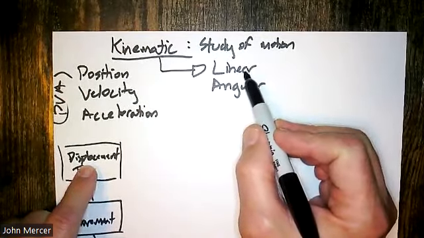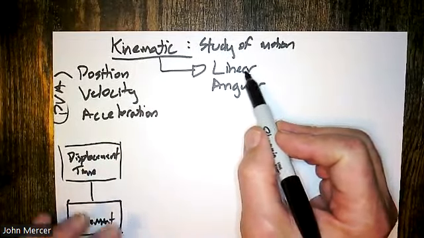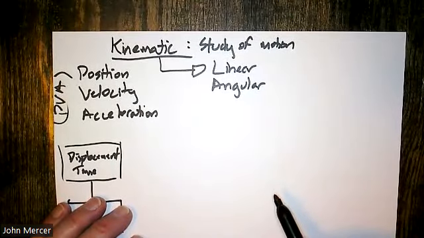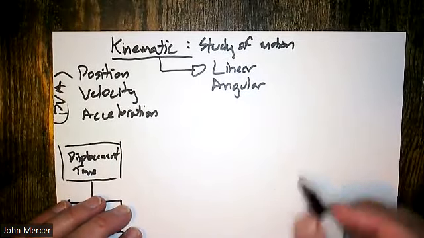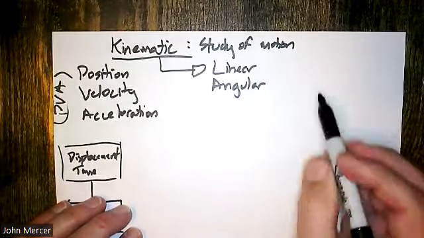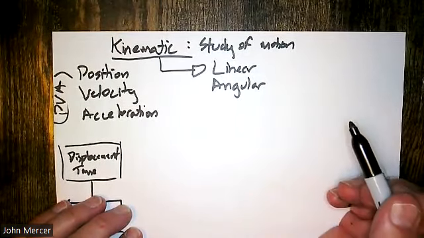So we have total change in position; all points of an object travel the same distance. That's linear motion, and angular motion is motion around an axis. And we have different types of linear motion: curvilinear and rectilinear.